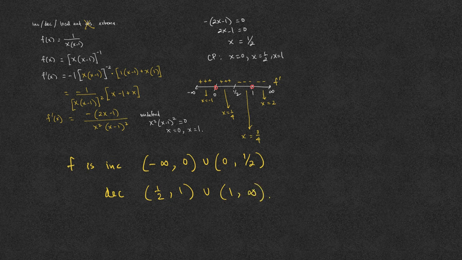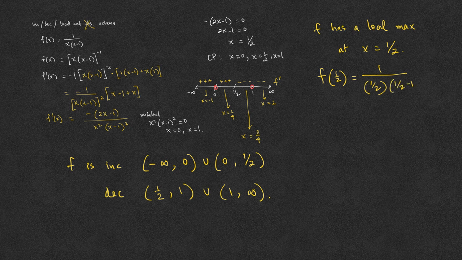Since the function is increasing before 1/2 and then decreasing after 1/2, we say that f has a local maximum at x equals 1/2. To find the local maximum value at this location, we plug 1/2 into the given function: 1 over (1/2 times (1/2 minus 1)).